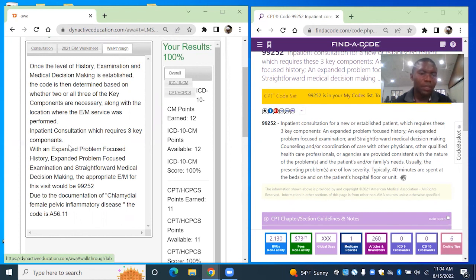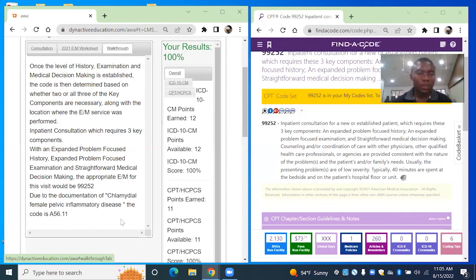So this inpatient consultation, which requires 3 key components with an expanded problem focused history, expanded problem focused examination, and straightforward medical decision making, the appropriate evaluation and management code for this visit would be 99252.